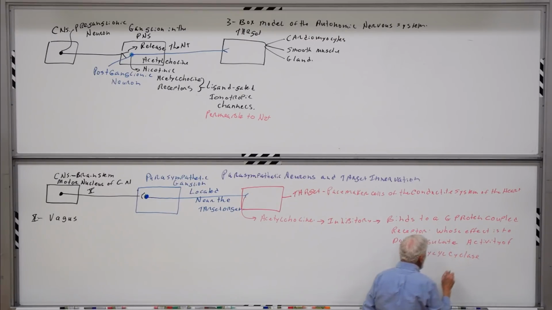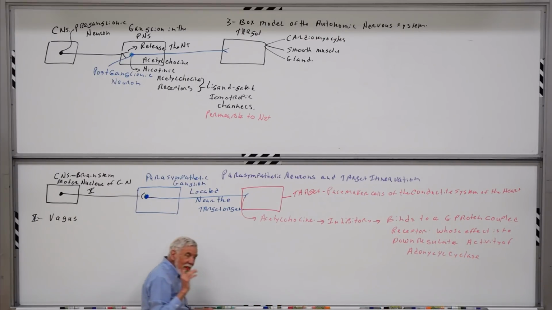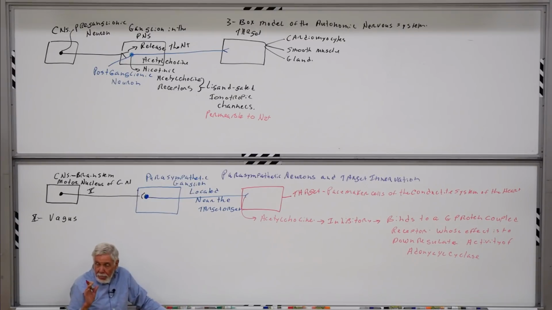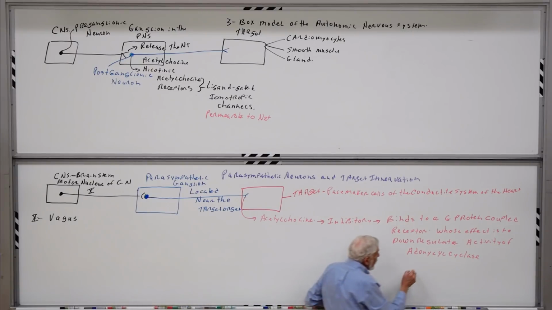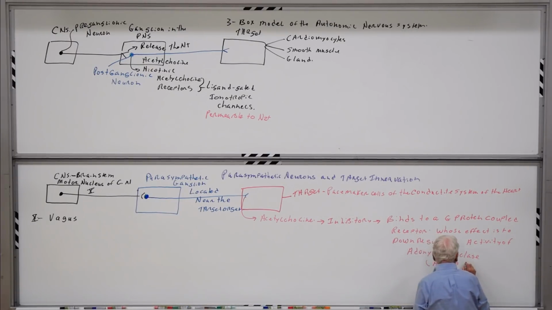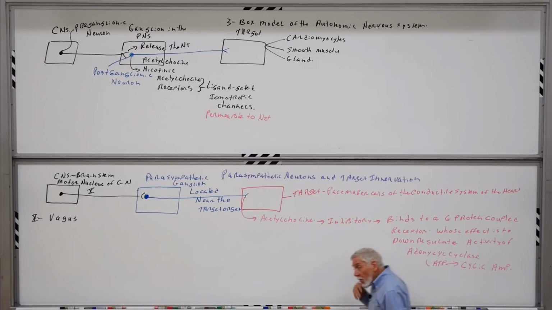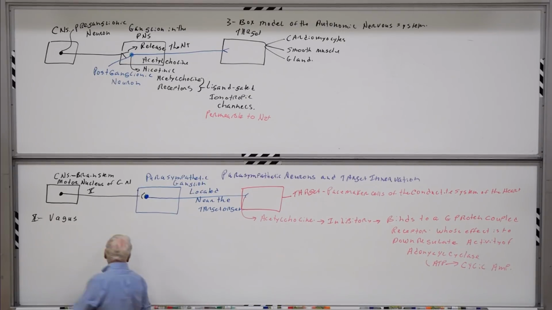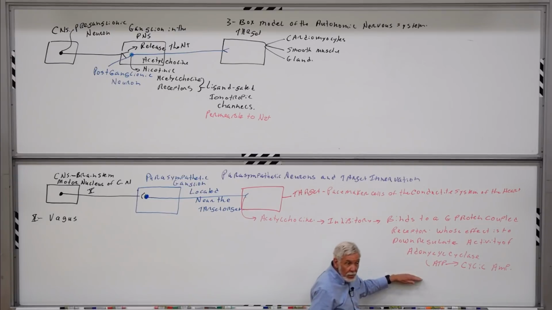Now, you remember from the endocrine system that the adenylyl cyclase is a really important enzyme. And what the adenylyl cyclase does is it converts ATP into cyclic AMP. It forms that phosphodiester linkage between the number 3 and number 5 carbons on the 5-carbon sugar of ribose. And this then becomes an important second messenger.